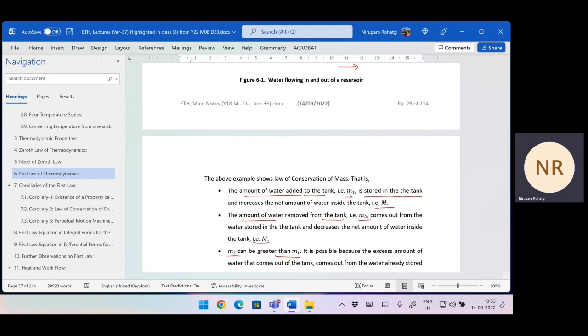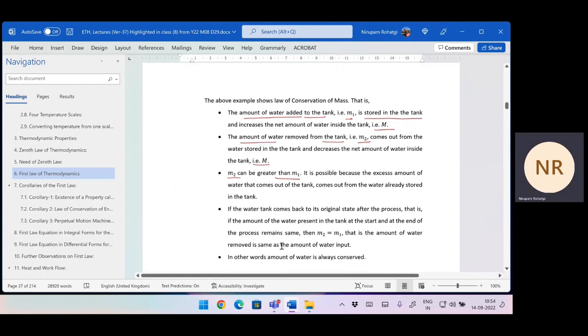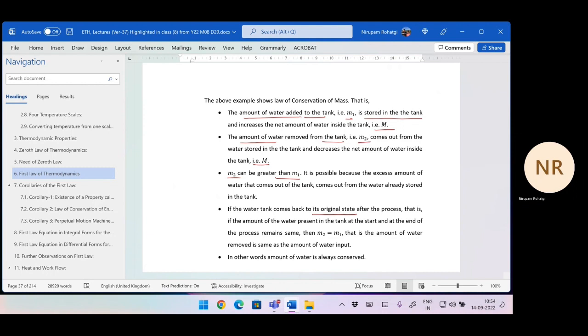Next day or in the night, your M1 will be there. You will keep on adding the water and there is no outlet. So what is happening? M1 goes and gets added to M and M2 comes from M. Okay. So now if the water tank comes to its original state, suppose whatever the level was in the water, after next day morning again it is full. Yesterday it was full, the whole day it worked, then next day again it is full.